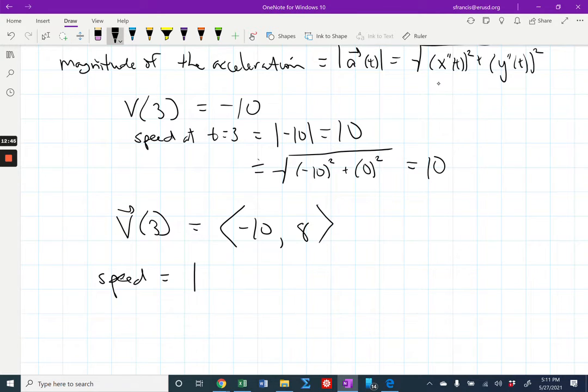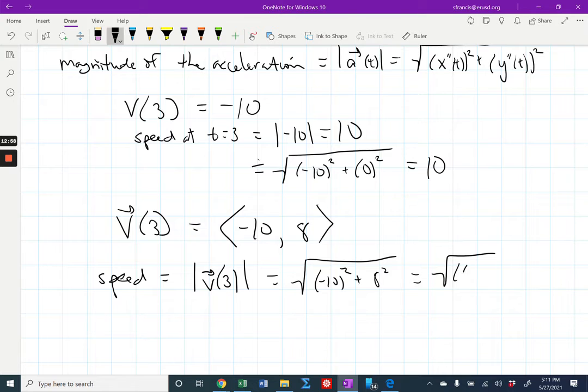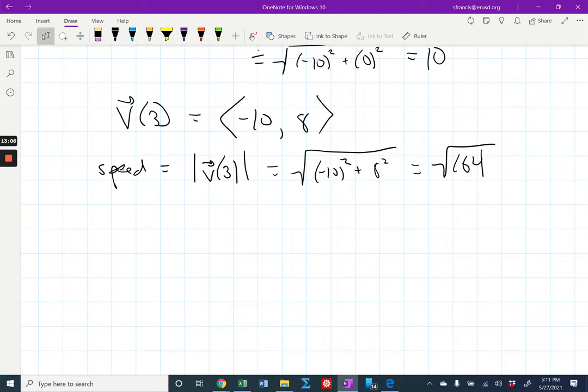That's just the magnitude of the velocity vector, which is found by the Pythagorean theorem, like this. And so what is that, square root of 164? I don't care more about it than that, okay? So that's fairly straightforward. How do I find total distance?